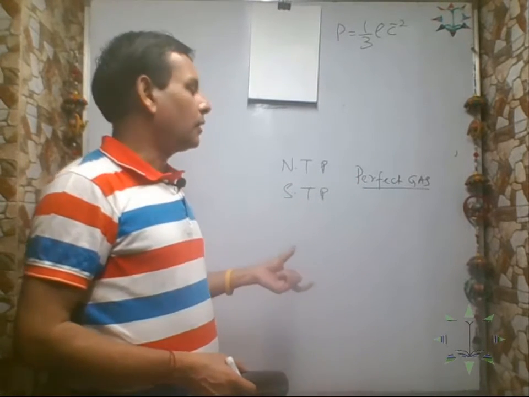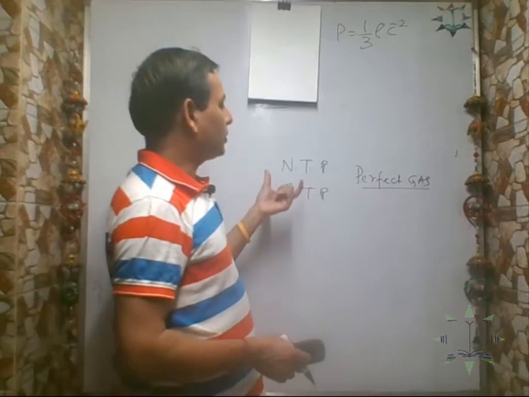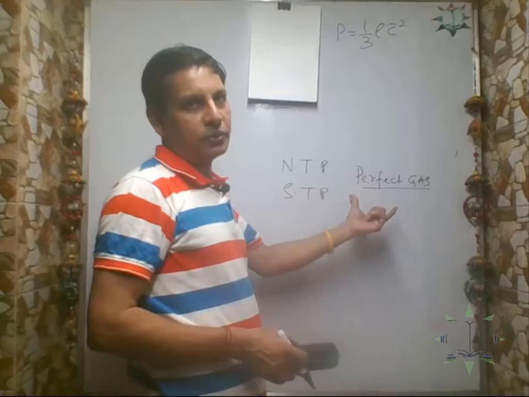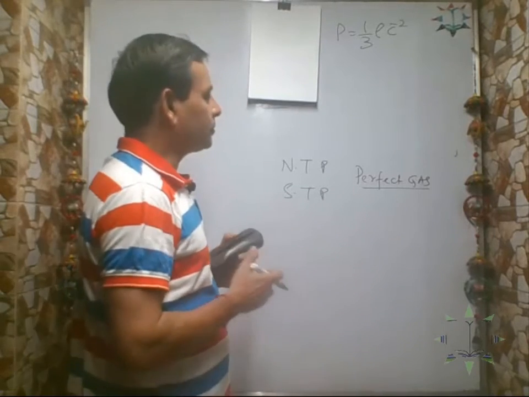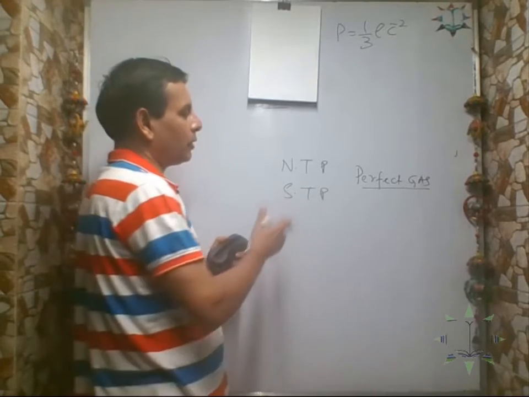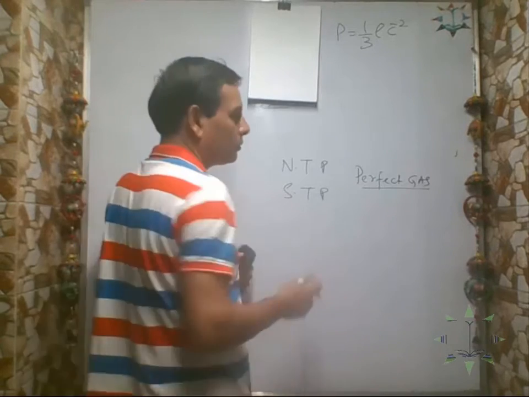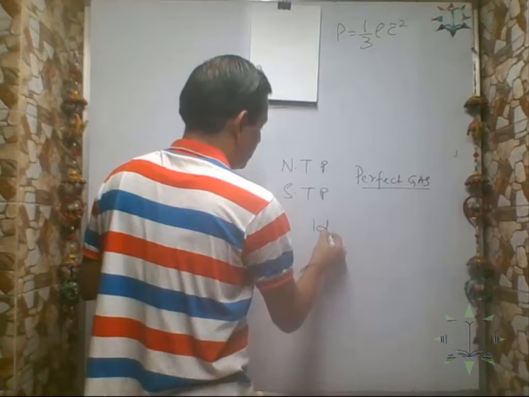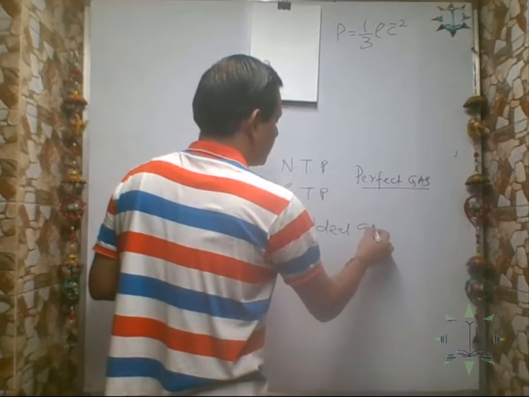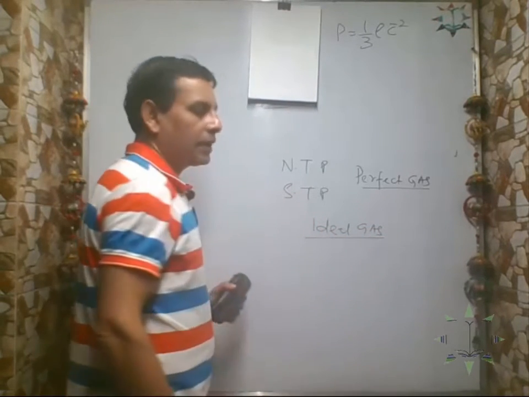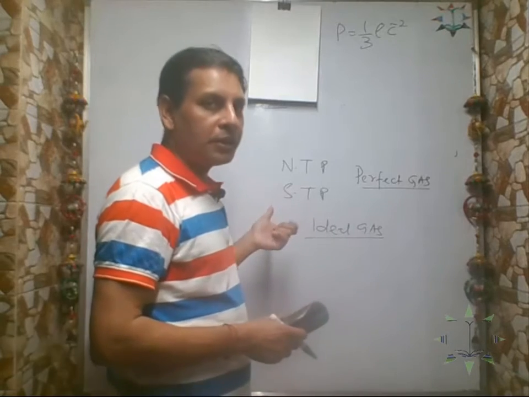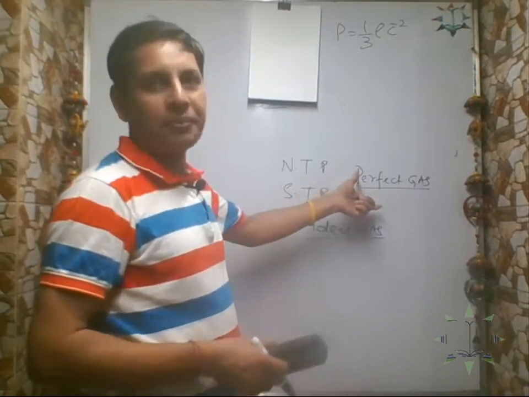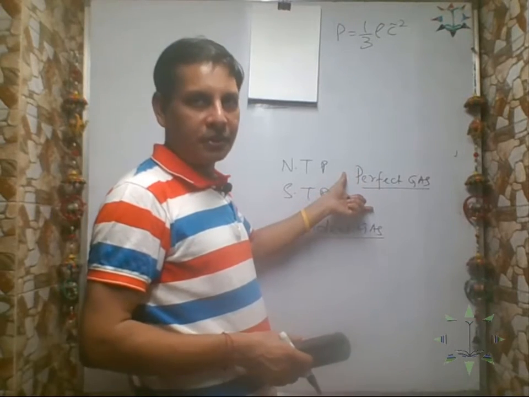If the gas at normal temperature and pressure does not obey these postulates, we cannot call it imperfect gas, we call it ideal gas. So what is an ideal gas? The gas molecules at normal temperature and pressure called ideal gas. Why? Because they are not perfect at normal temperature and pressure, correct?